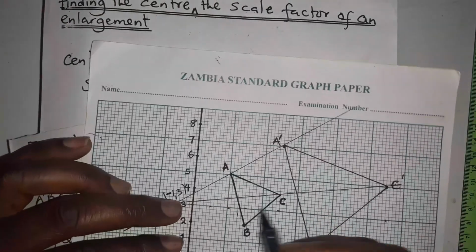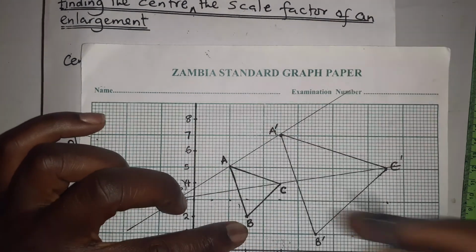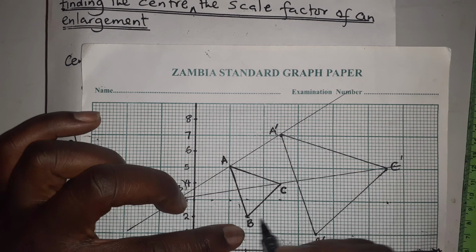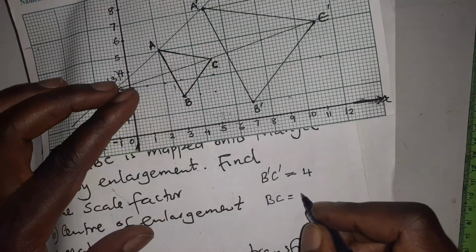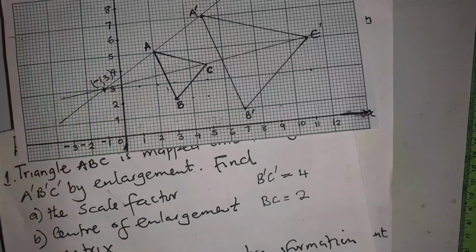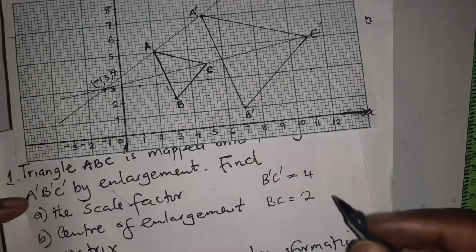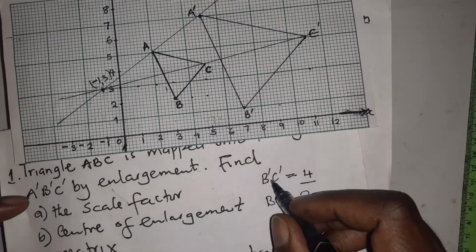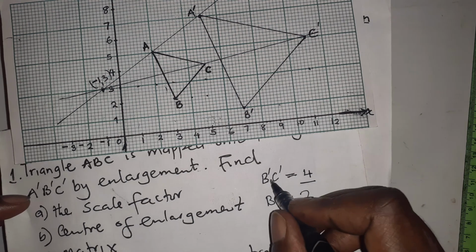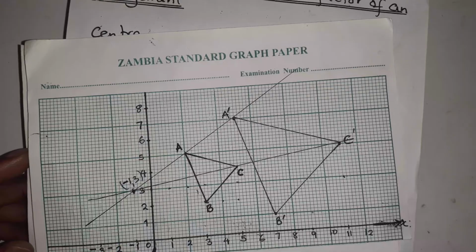The distance also along from B up to C on the x-axis, straight, it is 1, 2. So it is 2. Are we together? So to find the scale factor, we need to divide the distance on the image by the distance on the object.